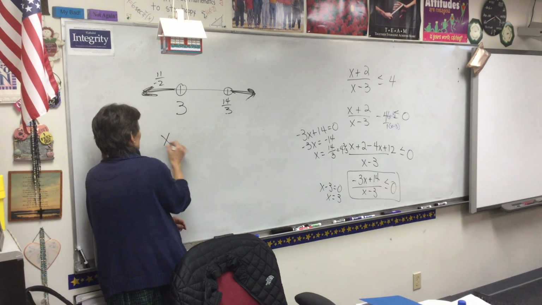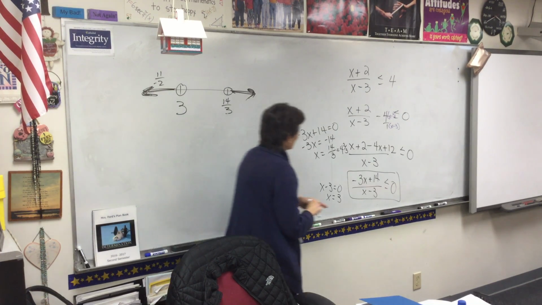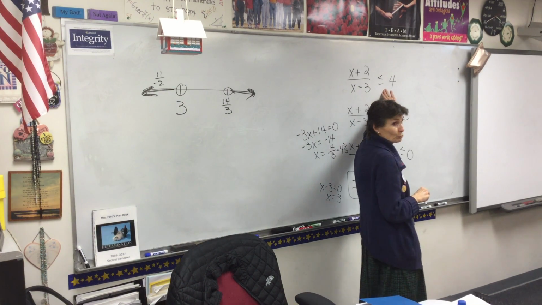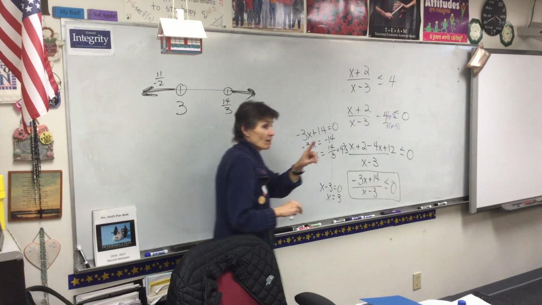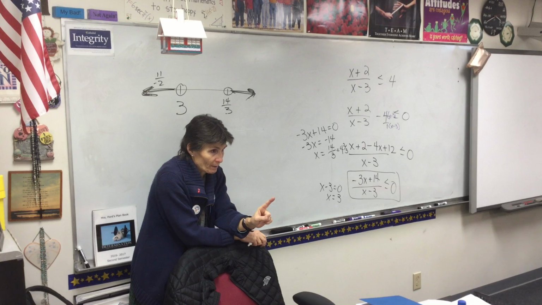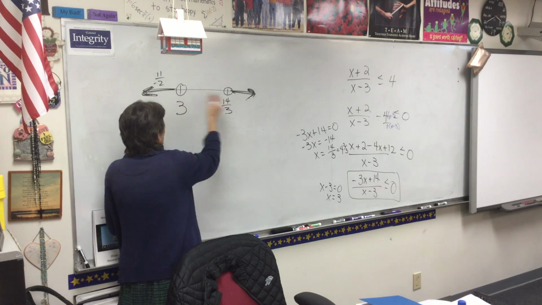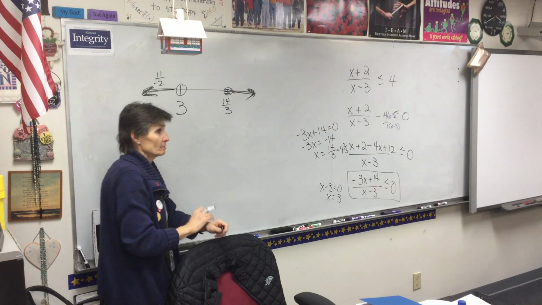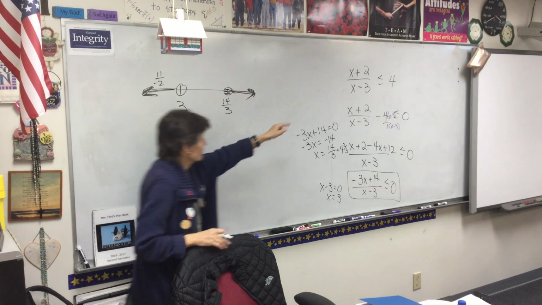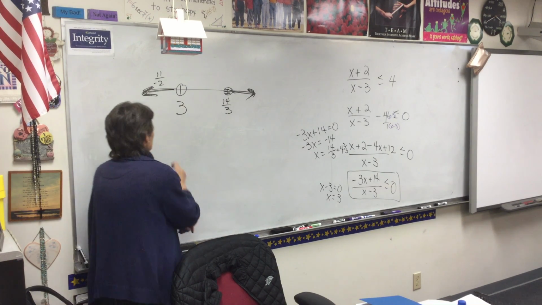So my answer is, oh, wait. What about coloring in the dots? I didn't do that. This was an or equal to problem, right? But be careful. What did we say about denominator dots? Always open. So the 3 will be open, but the other one will be closed because of the sign in the problem. Now I can write my answer.